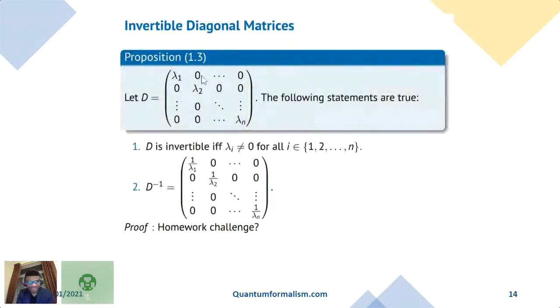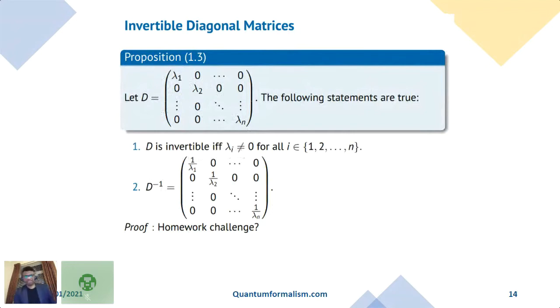Now here I've already written D with the lambdas as its components. Here's a proposition for you, where D is written like this with the lambdas as its diagonal components. The claim is D is invertible if and only if the lambda i's are all non-zero.